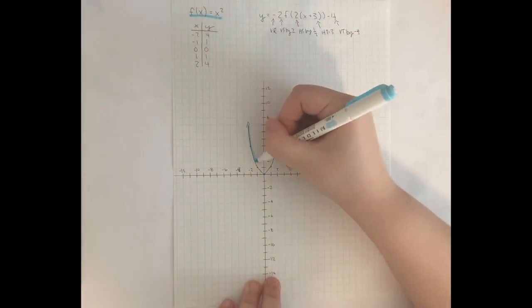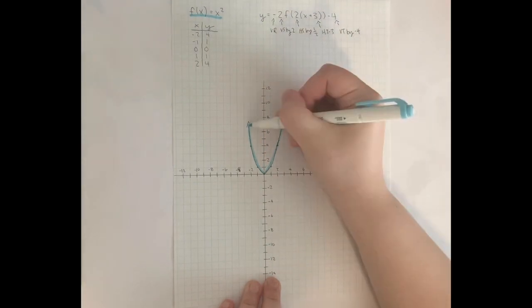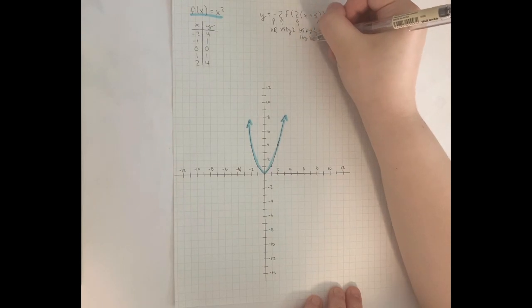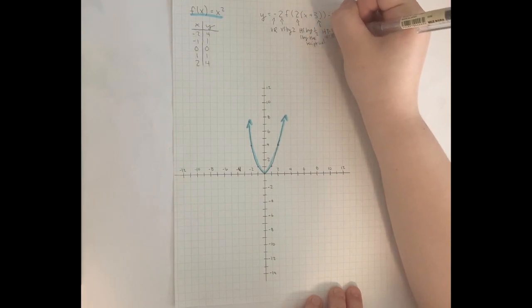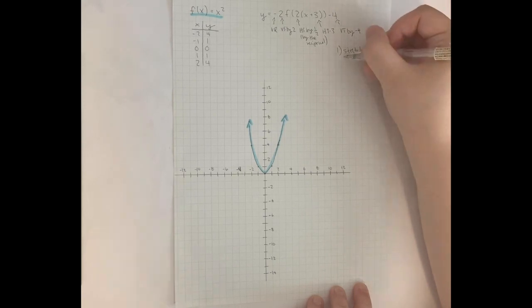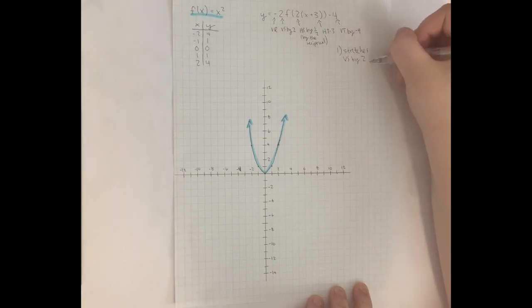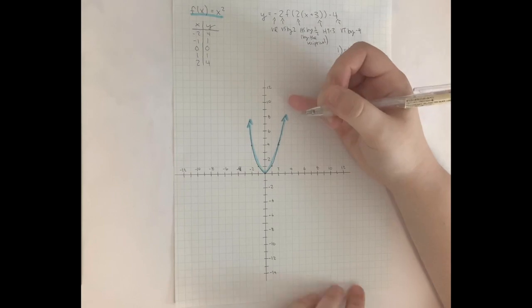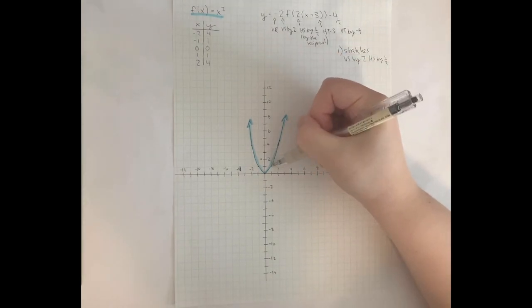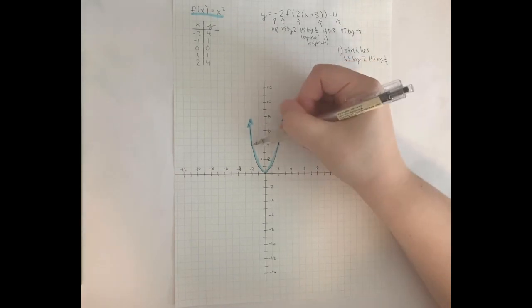And now I'm going to highlight that just to show the different steps. So now that we've done that, we have to start applying the transformations. The first one we're going to do is the stretches. So the vertical stretch by 2 and horizontal stretch by 1 over 2. As you can see, I'm graphing that on there.